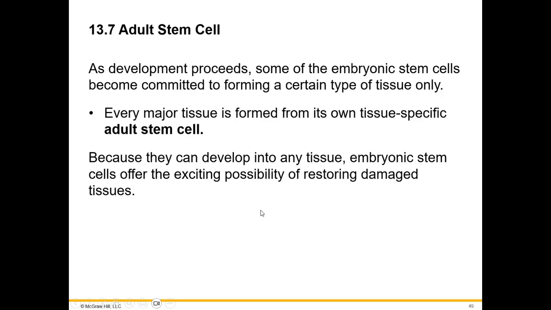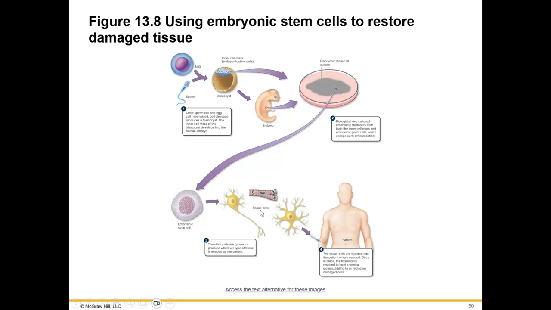Once we get old enough that they're specialized to produce one single type of cell, maybe cardiac cells, or digestive cells, whatever cells they're specialized to create, then they become adult stem cells. Because embryonic stem cells can develop into any tissue, they offer an exciting possibility of potentially restoring damaged tissues from many different kinds of conditions and many different organs.